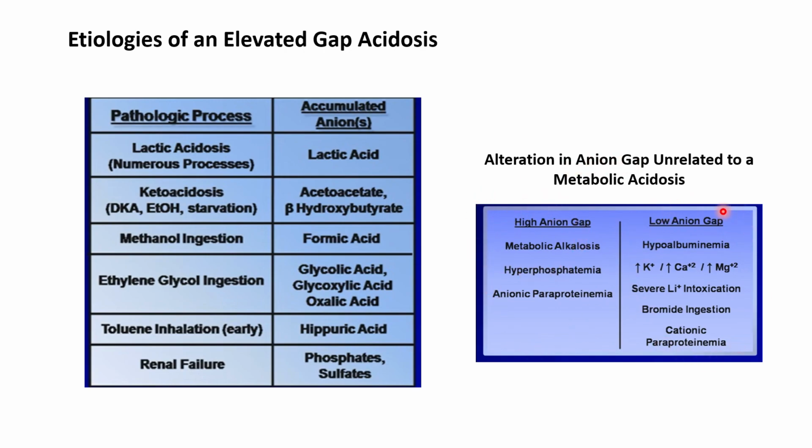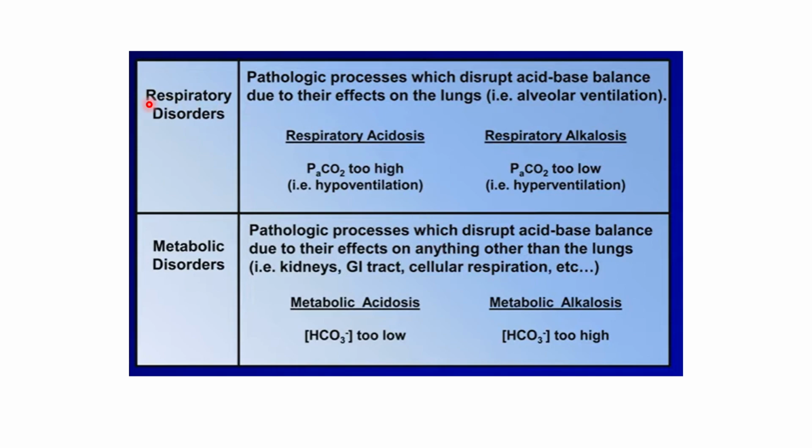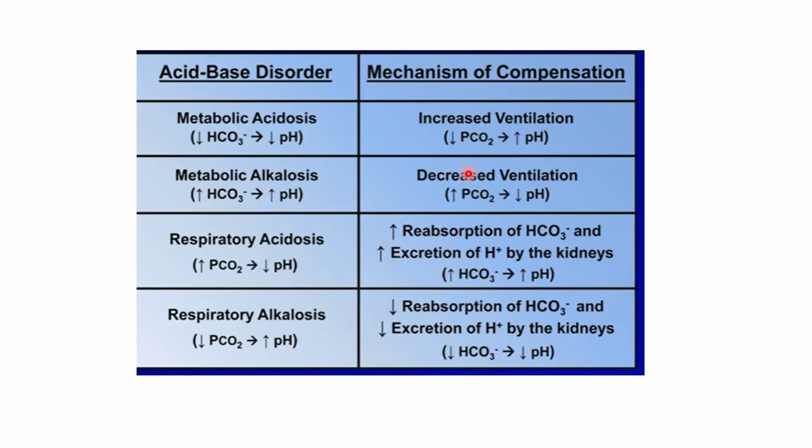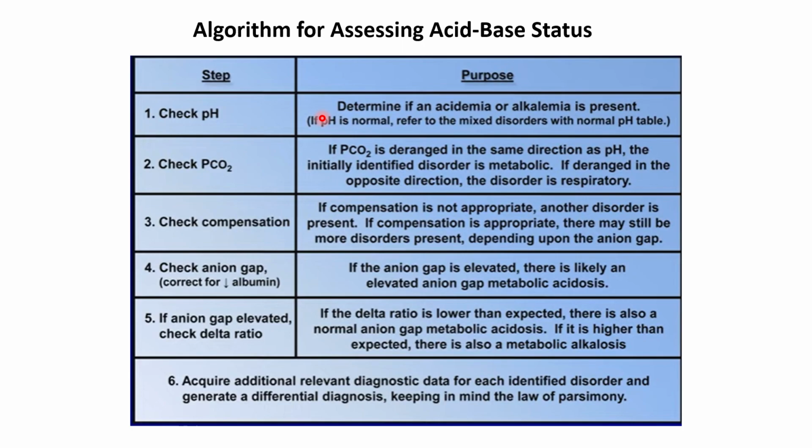These are the etiologies of an elevated anion gap acidosis, just familiarize this. And also, if not metabolic acidosis, but you have alteration in the anion gap, you have this pathology or etiology. Okay, especially the low anion gap, because you ingested battery containing lithium or bromide ingestion and so on.